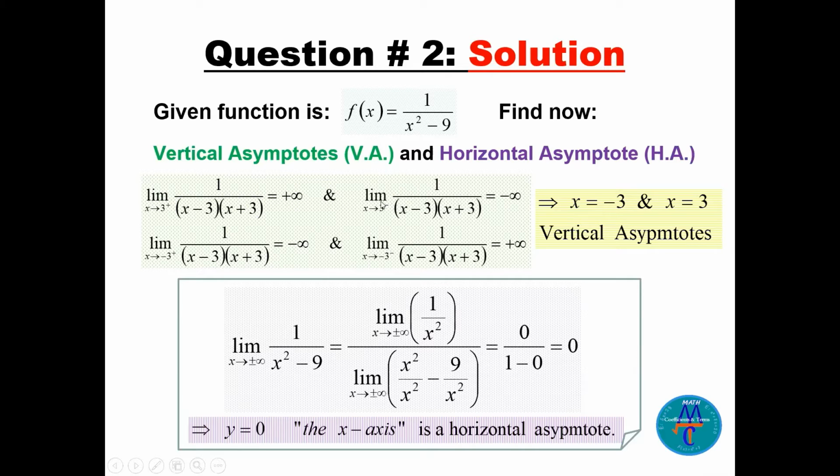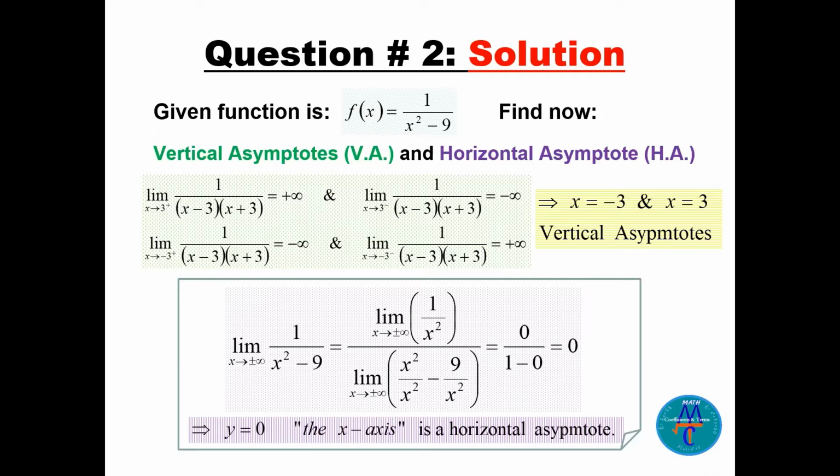And for the limit of the function as x goes to 3 from the left, that means less than 3, so that will be minus infinity. Also, if we find the limit of the same function as x goes to minus 3 from the right, it will be greater than minus 3.